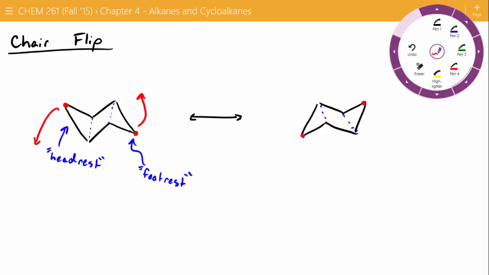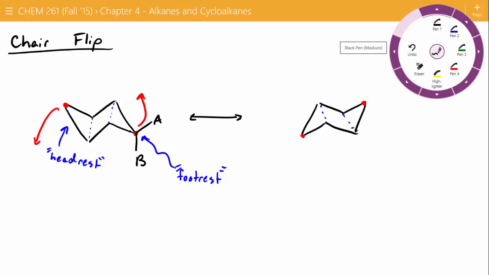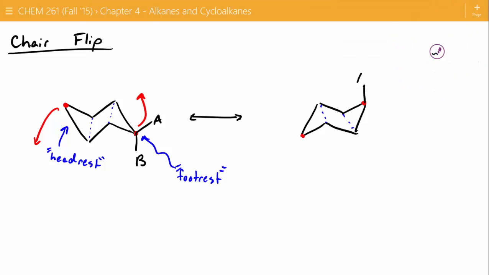So if you remember, I said, let's take our footrest, for example. We had one position coming straight off of there. We'll call that A. And then another one coming down here that was B. What position is A in now? Yeah, it's sticking straight up and down. So the A is going to be our axial substituent now.